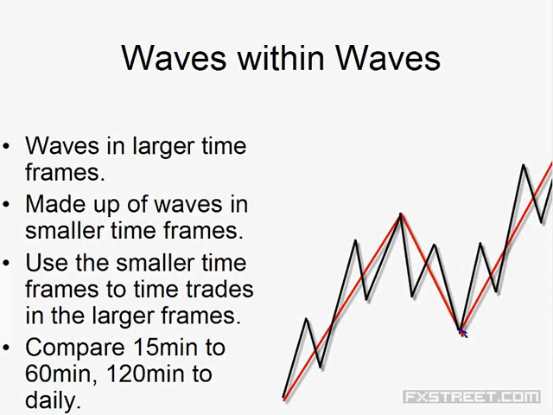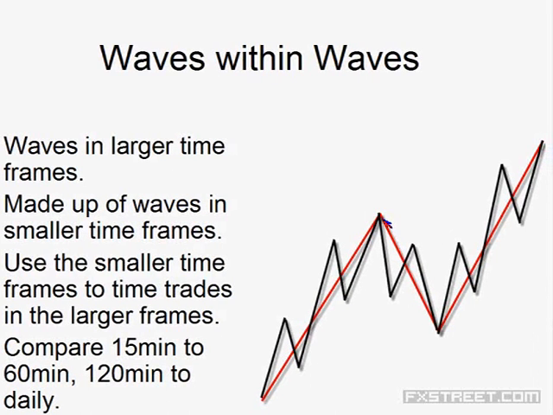And finally, that rule of alternation is that if wave 2 is subdivided into 3 waves, then wave 4, when it forms, is most likely to subdivide into 5 waves, and vice versa. So if wave 2 had a 5-wave correction, wave 4 is most likely to have a 3-wave correction.